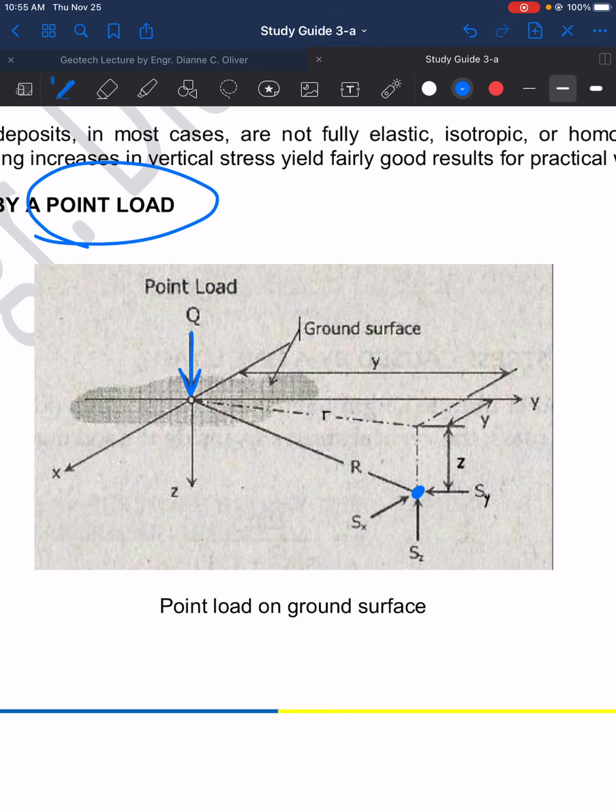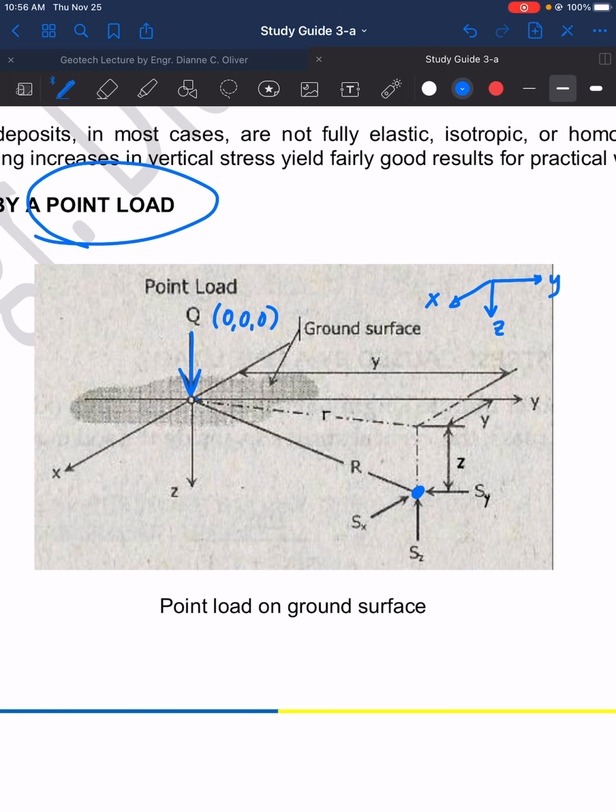The location of this point is measured from point load Q with coordinate 0, 0, 0, having the axis Z downward, indicative of depth, and we have the Y axis and the X axis.